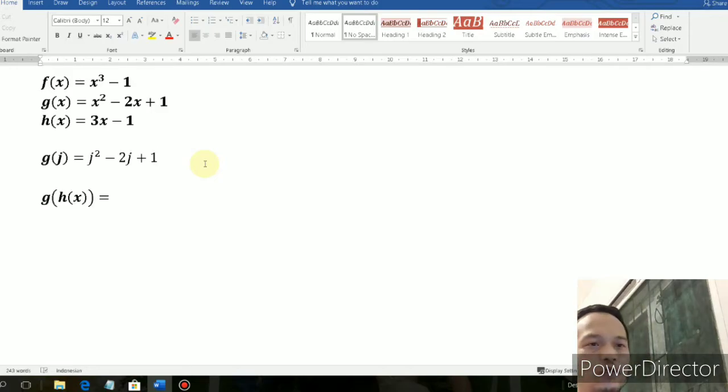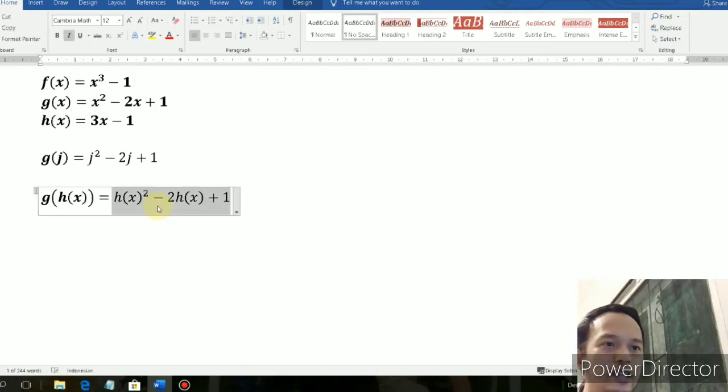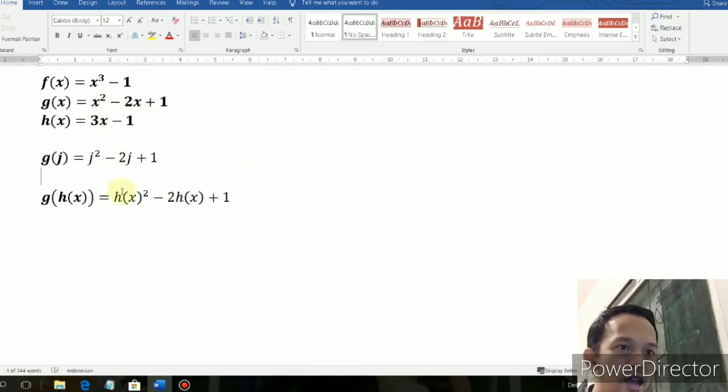Okay, so if you have another question, what is g of h of x? It means I'm referring to the second function. What is the value of y if I substitute x by h of x? So let's just substitute x by h of x. It becomes h of x squared minus 2 times h of x plus 1.